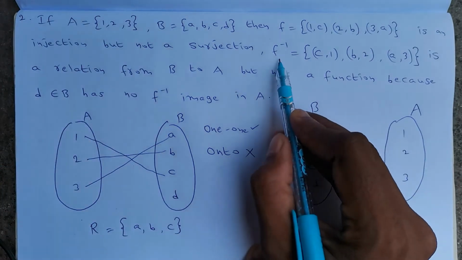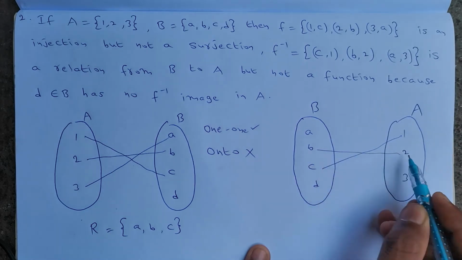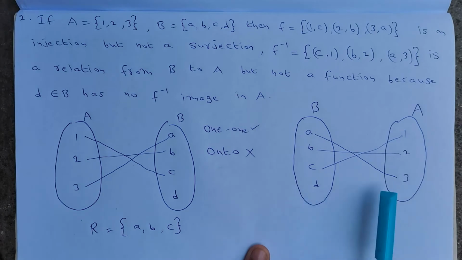F inverse is given as C1, B2, A3. Now, if we observe this clearly, first, what is the definition of a function? Every element of the first set should have an image. Compulsory, only then it is called a function.